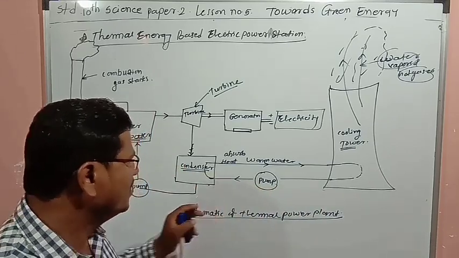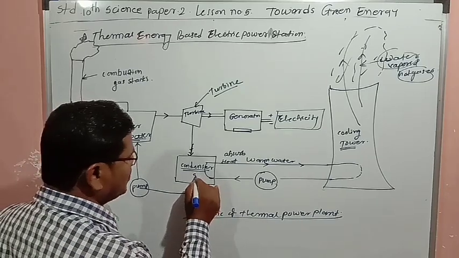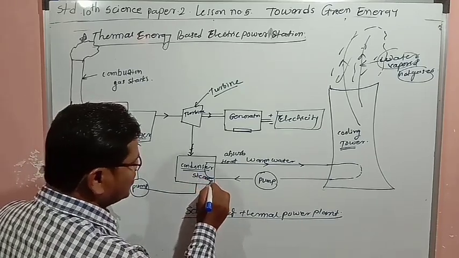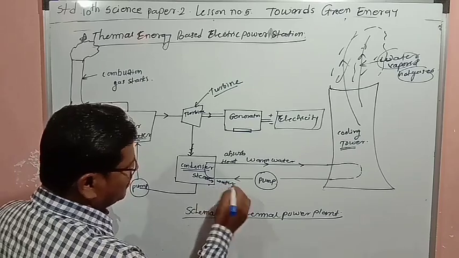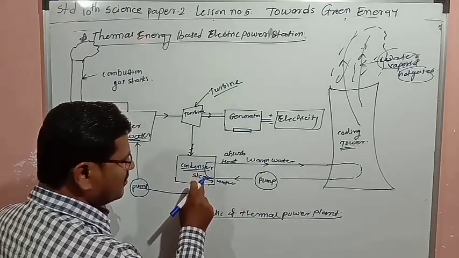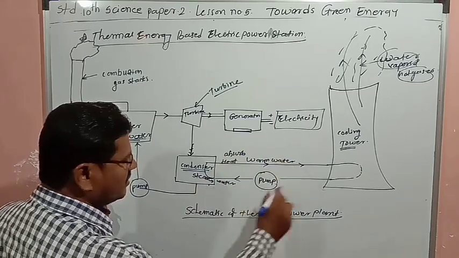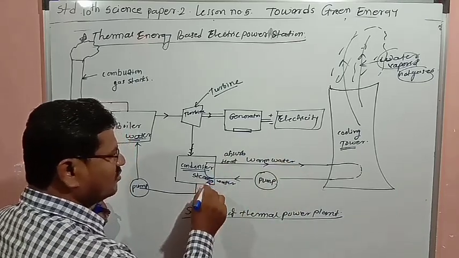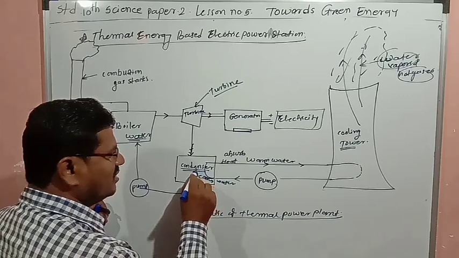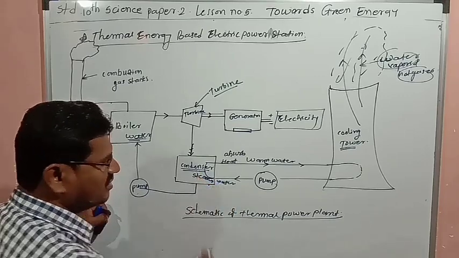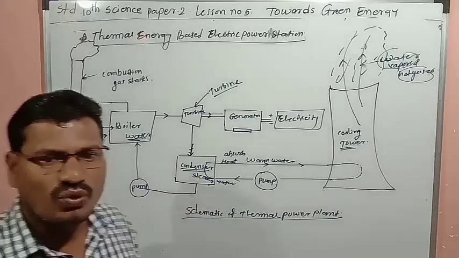Again it will get heated, but what will take place here? Here steam is there, and steam will be converted into water. In the condenser, cold water is circulated again and again. It will absorb heat from the steam, and that steam will get converted into water.